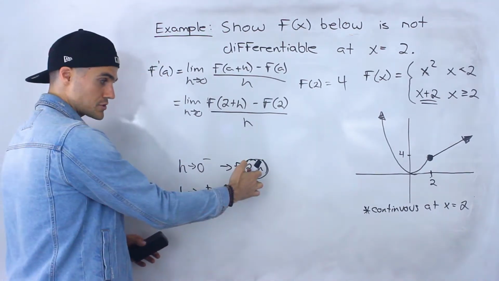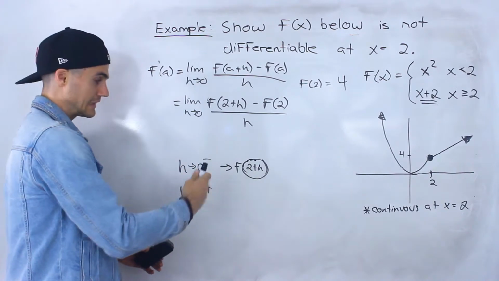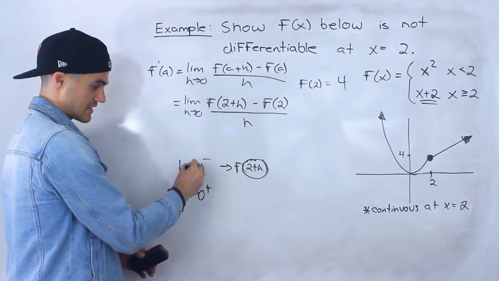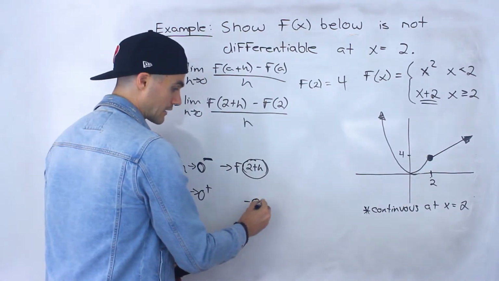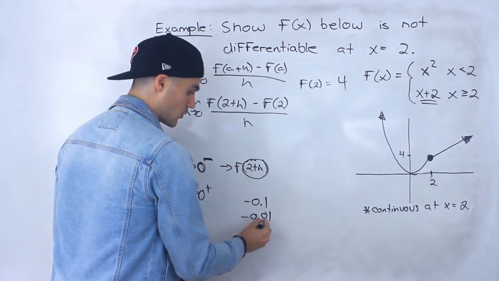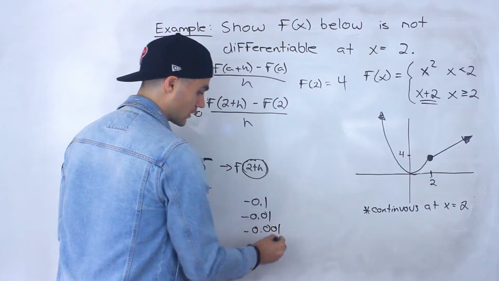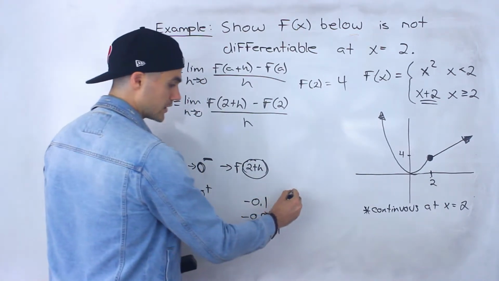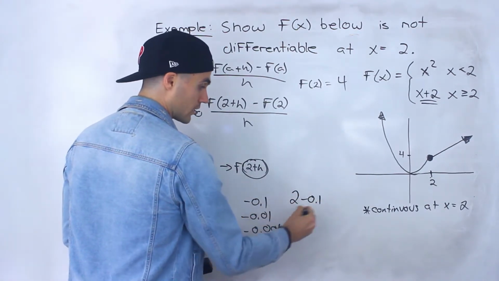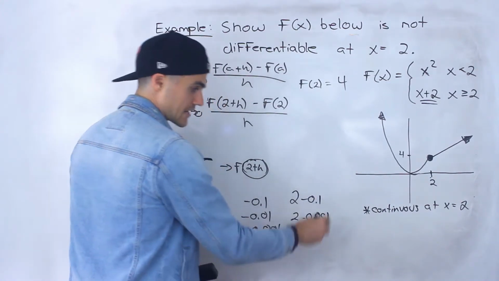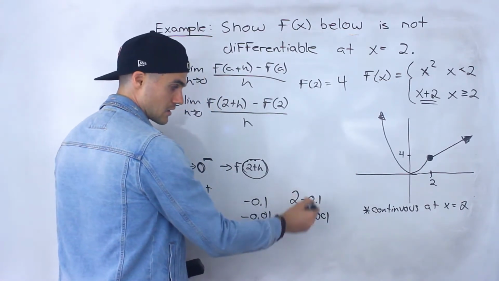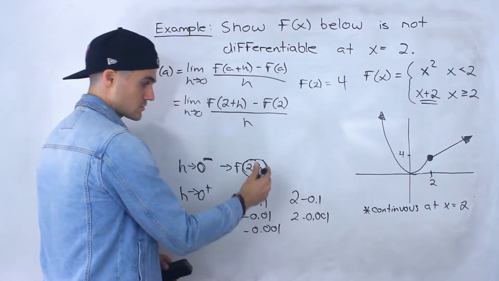It's going to be very close to 2, but nevertheless less than 2, because we're approaching this h value 0 from the negative side. So this h is going to be like negative 0.1, negative 0.01, negative 0.001. So this bracket is going to be 2 minus 0.1, 2 minus 0.001, etc. So this whole bracket is going to be less than 2.